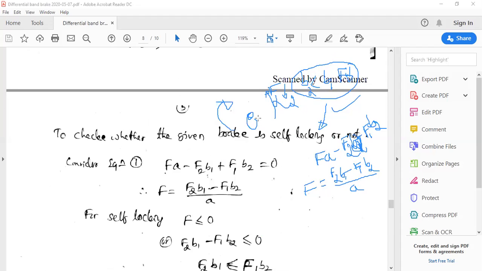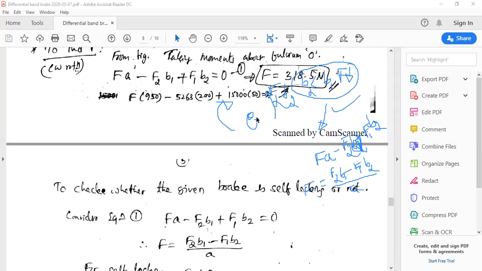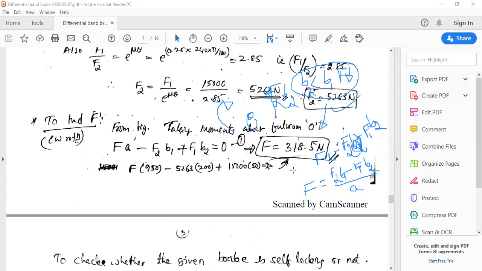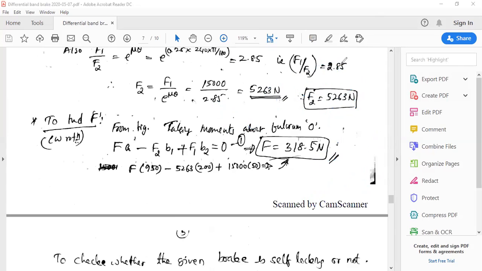So what is F2? F2 value is 5263 newtons, and here itself it is substituted.